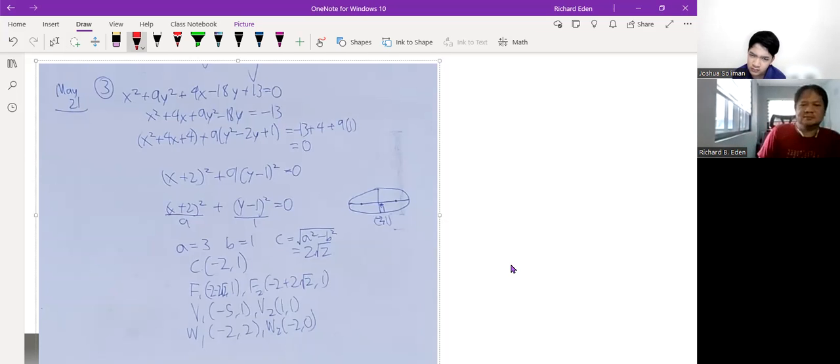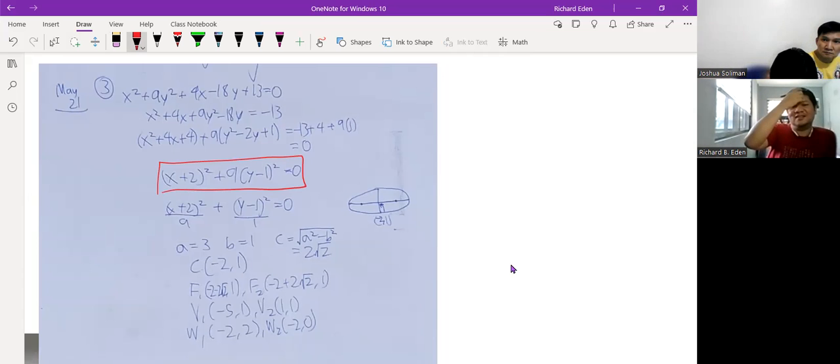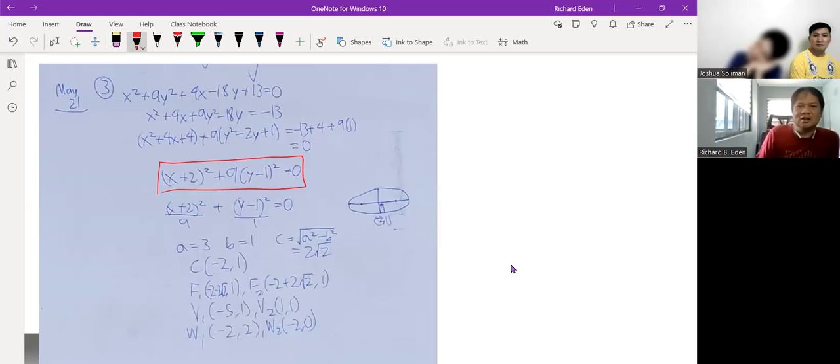But do we really have an ellipse here? The analysis using a and b would prosper if it was 1 on the right side. Bro, me after forgetting. Look here, x plus 2 quantity squared. Yeah. All right, so the graph is a point.